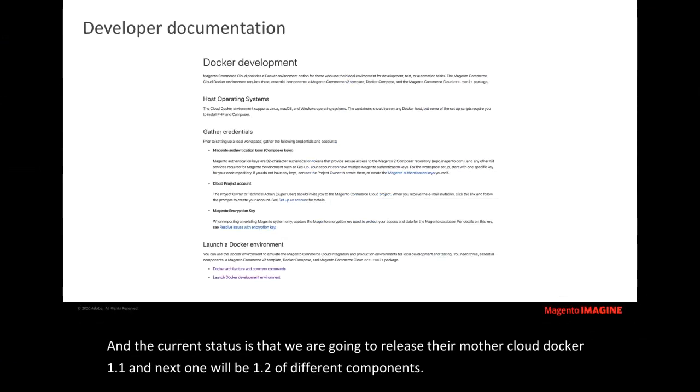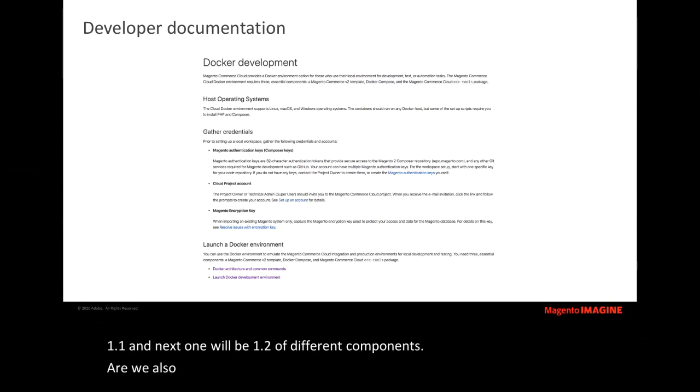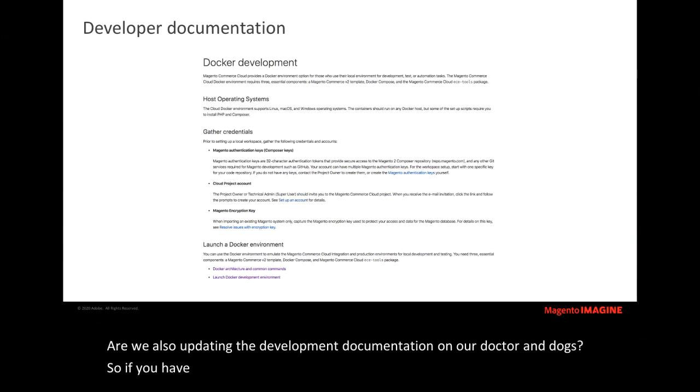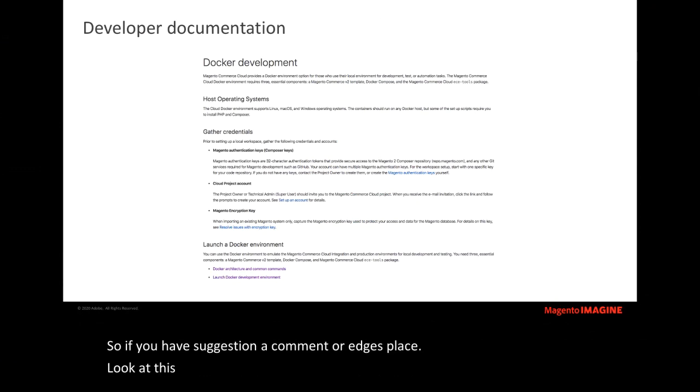We are also updating the development documentation on our Docker DevDocs. So if you have a suggestion, comment, or edit, please look at these DevDocs and please contribute. We will be very happy to process those contributions.